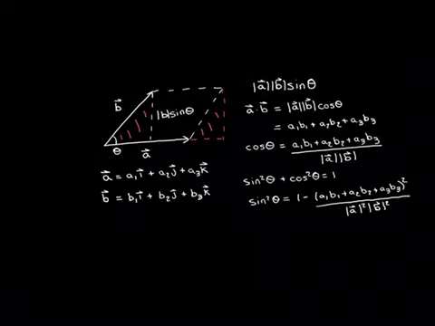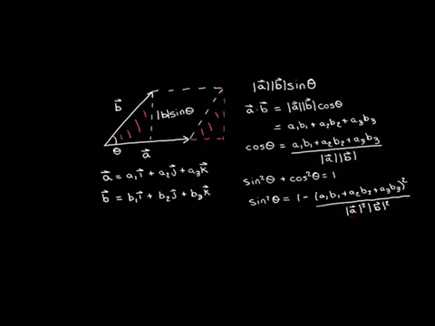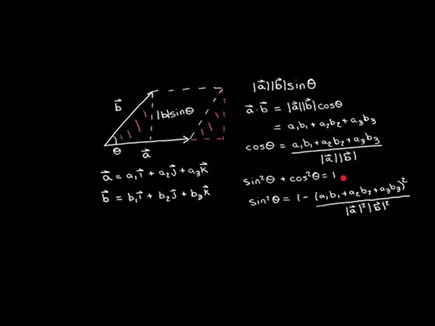So that says that sine squared of theta is going to equal 1 minus (a1b1 plus a2b2 plus a3b3) all squared over the modulus of a squared, the modulus of b squared. So we've just taken all of that, squared it to get what cos squared theta is equal to, and we've got 1 minus all of that. And now what we're going to do is take the square root of this to find out what sine of theta is equal to.